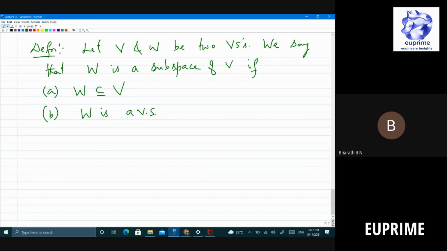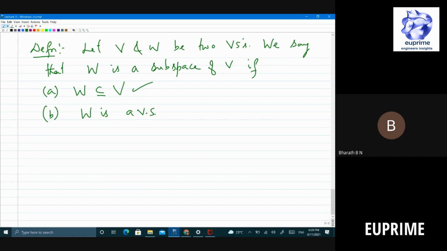So if I have to show that something is a subspace of another, the first thing I have to show is one is contained in the other, and the second thing is it's a vector space, right? Is there a simpler way? Do we need to show all the properties of a vector space? Suppose I know that W sits inside V. If I want to show that W is a vector space, one way is you list out all the properties and verify all of them, right?